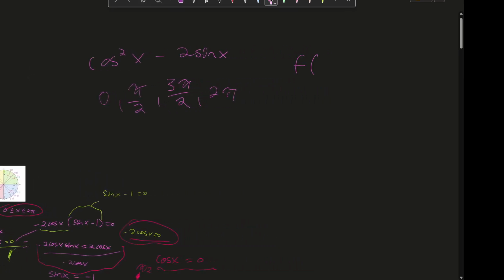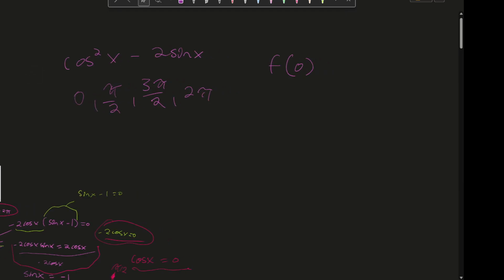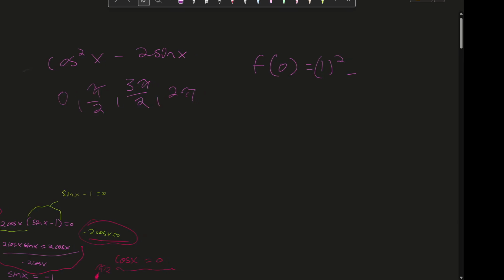At 0, cosine of 0 is 1, so we'll have 1 squared minus sine of 0, which is 0. So that's just 1. At pi over 2, positive y-axis, cosine is 0.